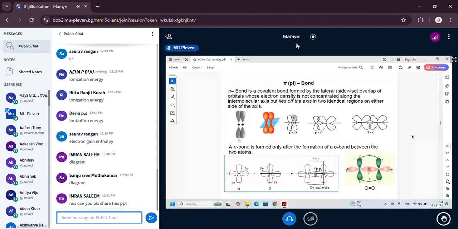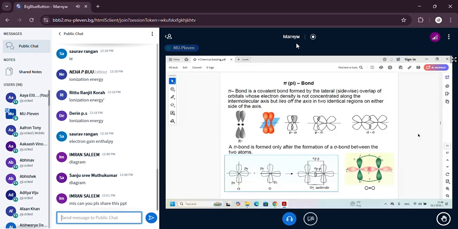So overlapping occurs above and below the line between nuclei of bonding atoms, above and below this line or this plane. In the framework of valence bond theory, pi bond can be created only after formation of sigma bond.